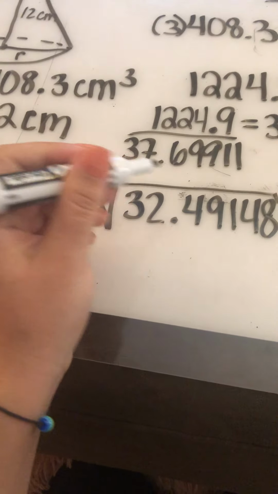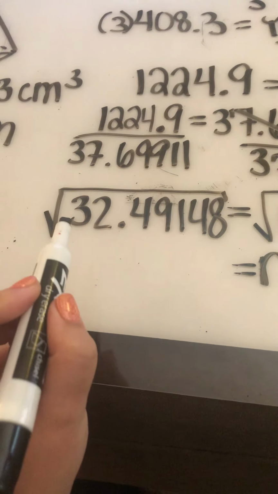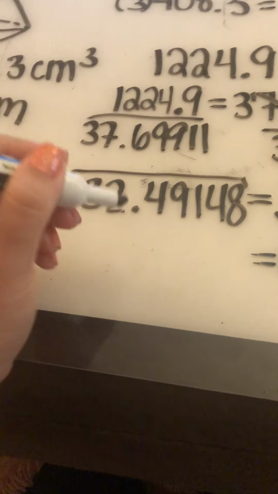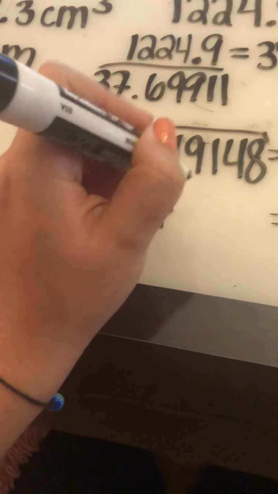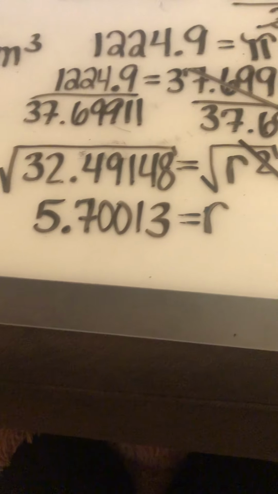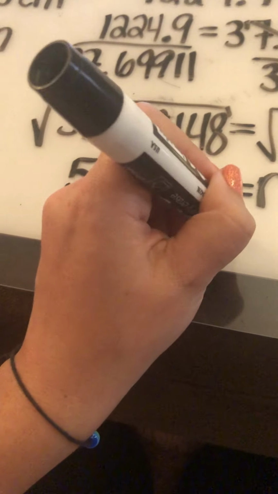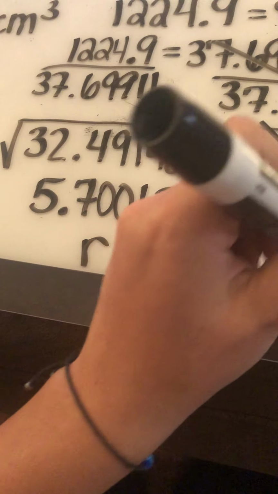So you press square root, you put this digit underneath. If you're using the iPhone, you can just put the digit and then press the square root key. And we're going to get 5.70013, and then rounding to the nearest tenths, it would be r equals 5.7 units, which was centimeters.